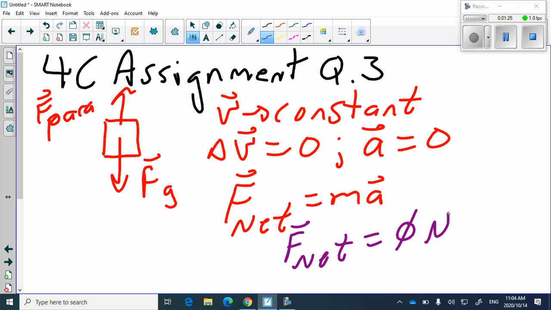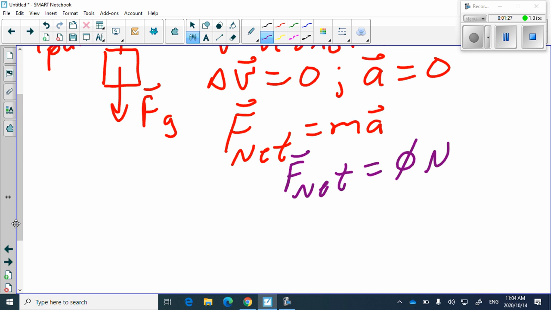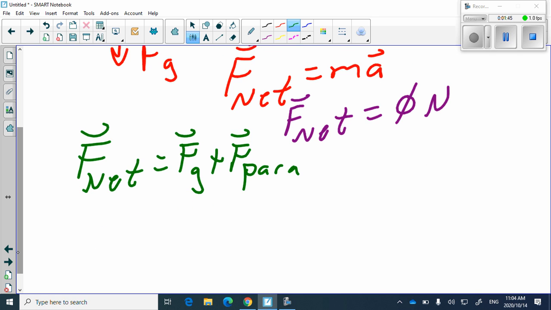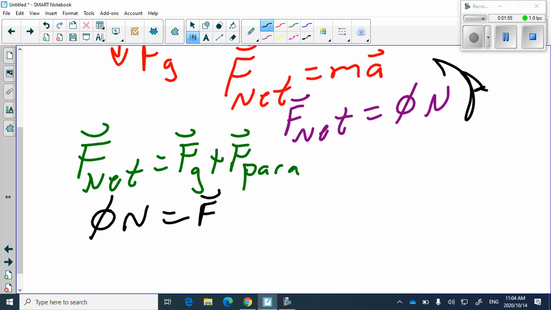Okay, now let's continue. Because the other way that you can write F net is F net is equal to force of gravity plus what I call force parachute, right? As it's catching the air. Okay. Now look at this, kids. Everybody, look. I know that this is 0 newtons. I got it from up here. So that means 0 newtons is force of gravity plus force parachute, right?